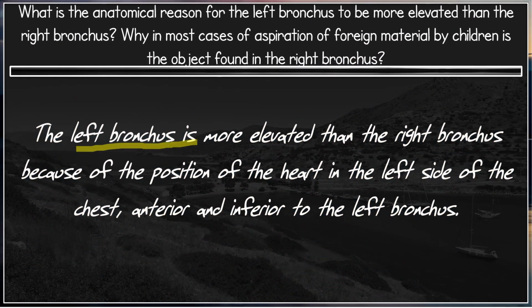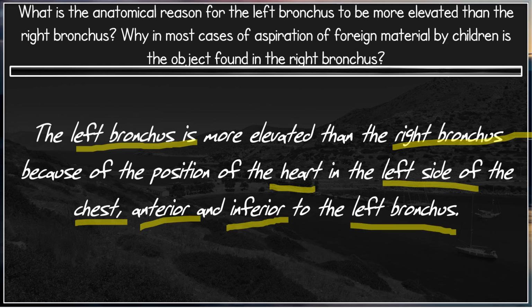The left bronchus is more elevated than the right bronchus because of the position of the heart on the left side of the chest, anterior and inferior to the left bronchus.